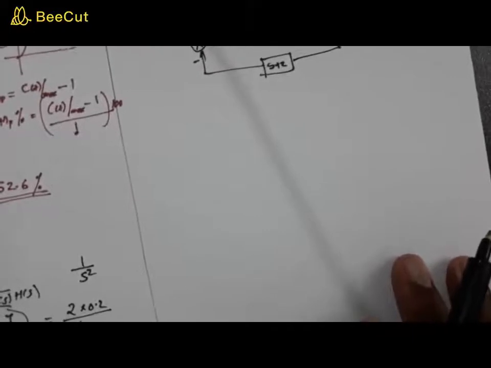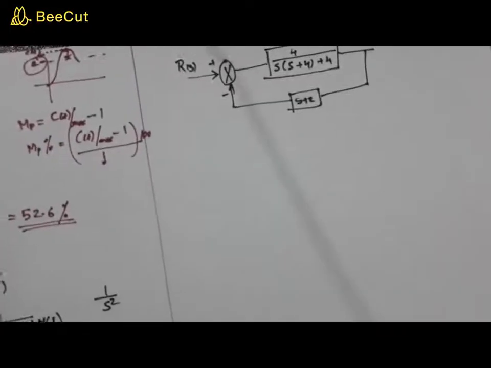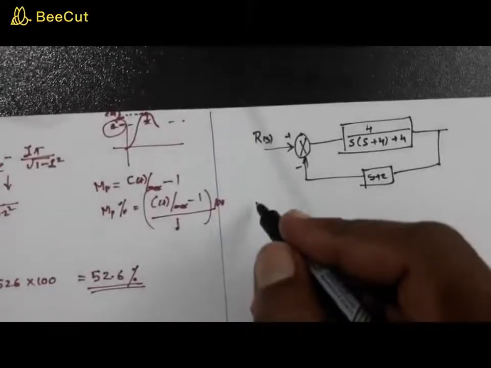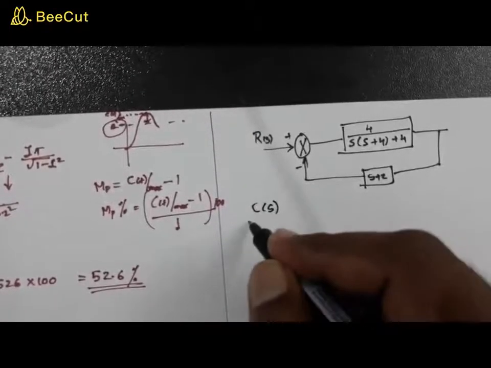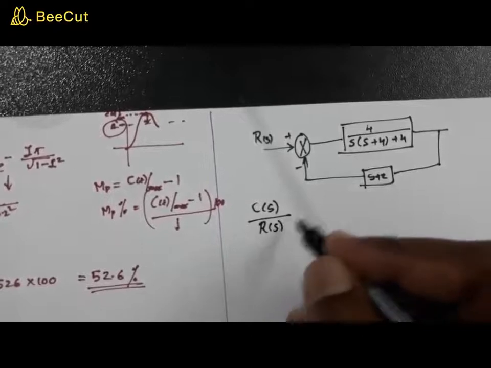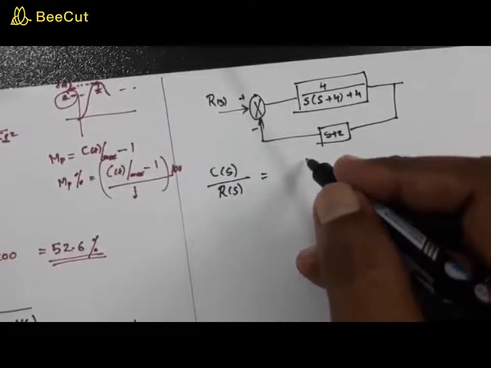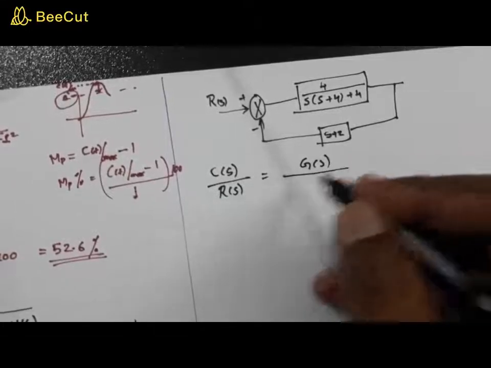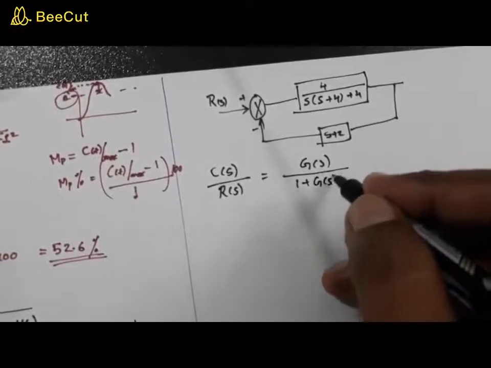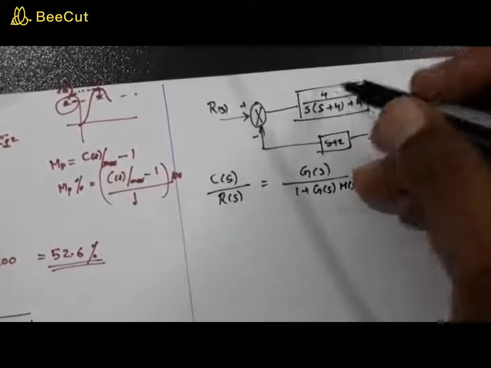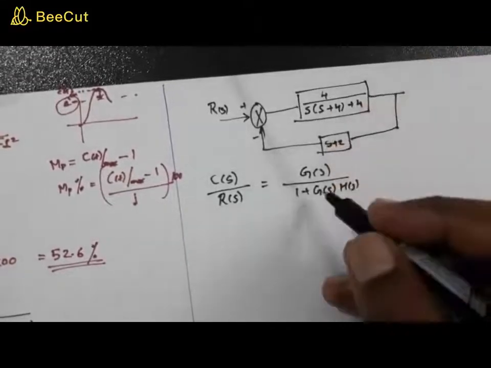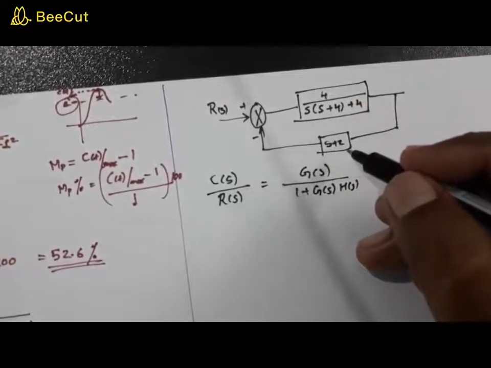Then what you are asked is to find out the transfer function. Now from this, how will you find out the transfer function? Using C of s to R of s is given by g of s by 1 plus g of s h of s. So g of s is 4 by s plus 4 into this thing, h of s is s plus 2.